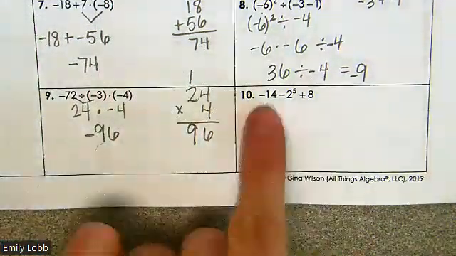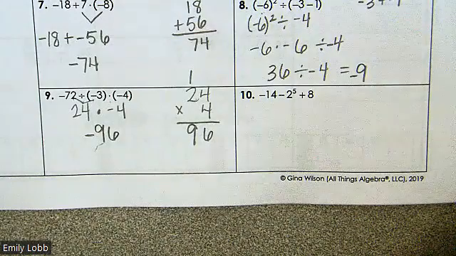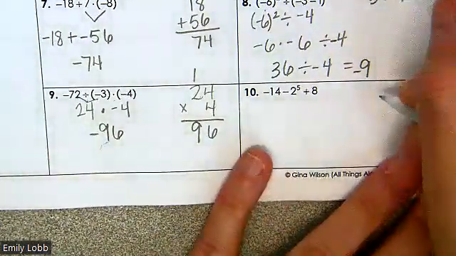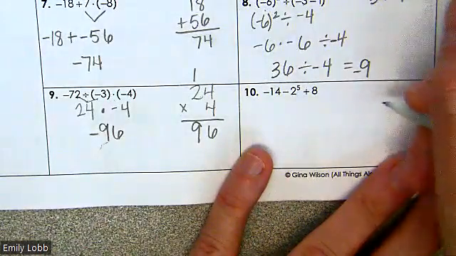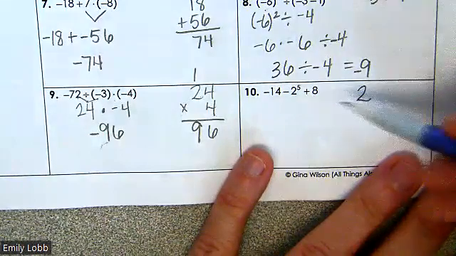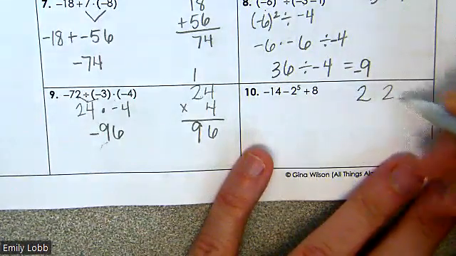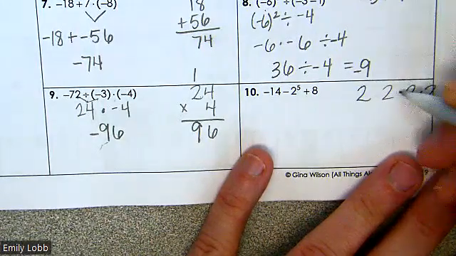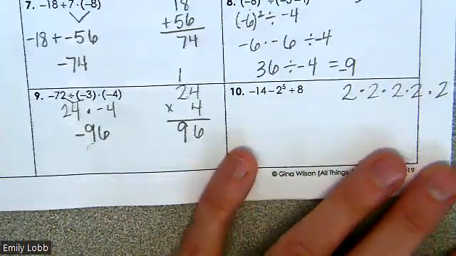All right, what do I do first for number 10? I don't have any parentheses, but I do have exponents. So I have a factor of 2 how many times? 5. So 1, 2, 3, 4, 5. These are all being multiplied, right?